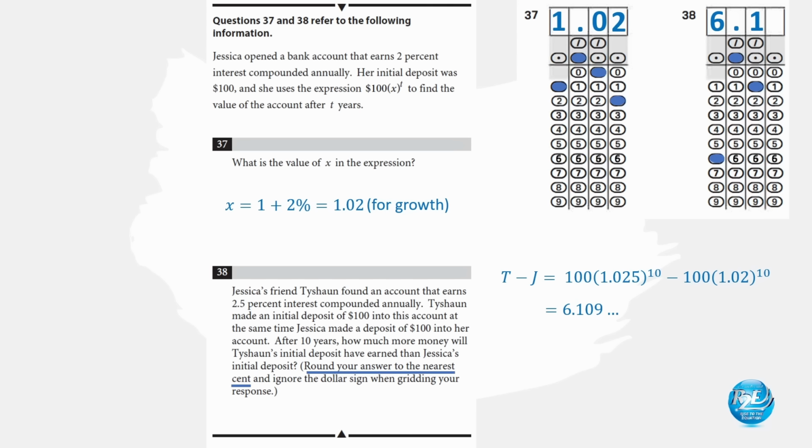But guess what? That would be marked wrong, and that could reduce your score by as much as 20 points. So let's record the answer to the nearest cent as the problem requires. That would, of course, be 6.11. Notice how I fixed our answer in the bubble sheet. Now we got the final gridding correct. Good job.